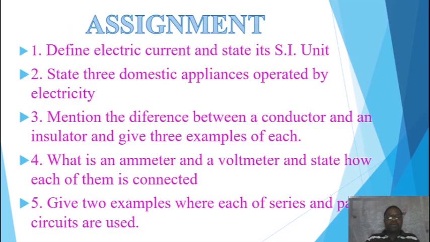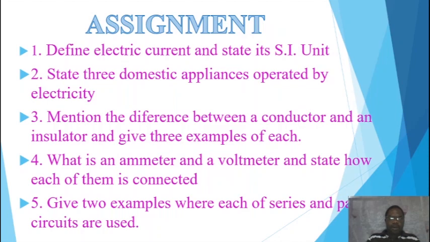Okay, now the assignment. So you see the questions. Number 1, define electric current and state its SI unit. Number 2, state 3 domestic appliances operated by electricity. Number 3, mention the difference between a conductor and an insulator and give 3 examples of each.